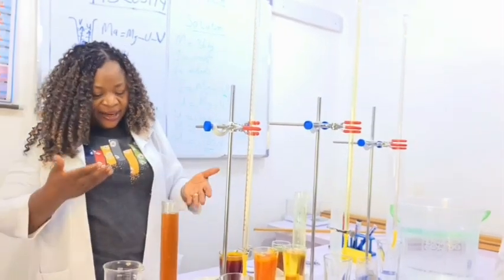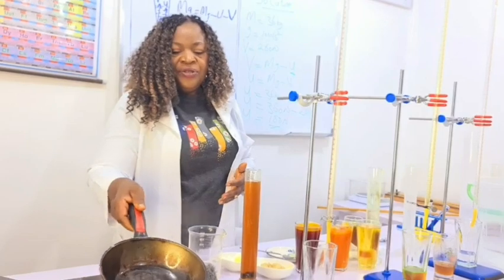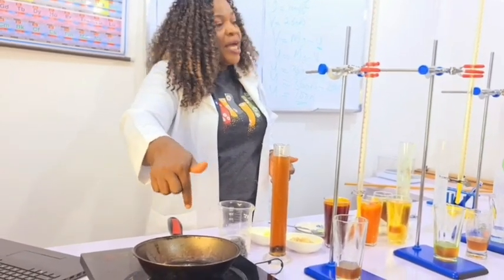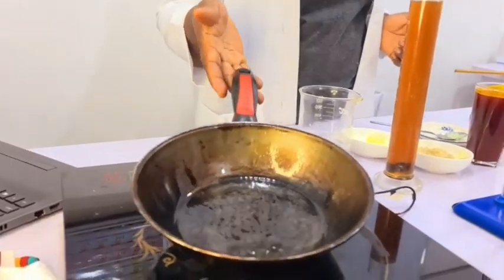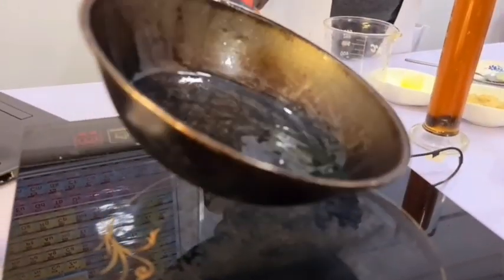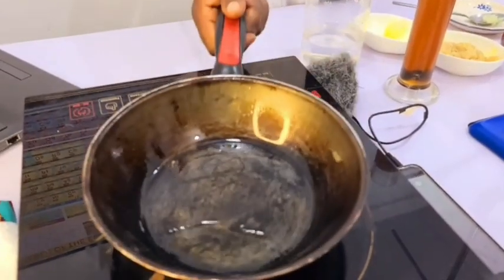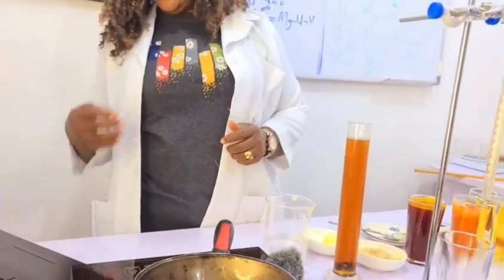For petroleum jelly that we have used now, the viscosity changed. As we applied heat, you notice that the viscosity changed. It becomes less viscous. The molecules are now very free, very mobile to move. And that is what viscostatic means.